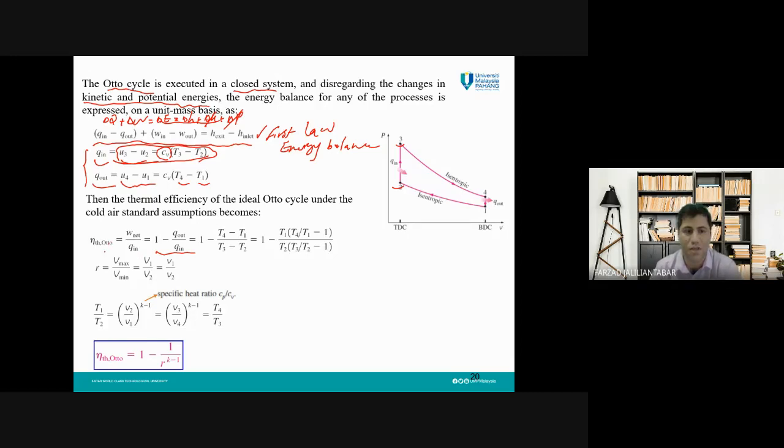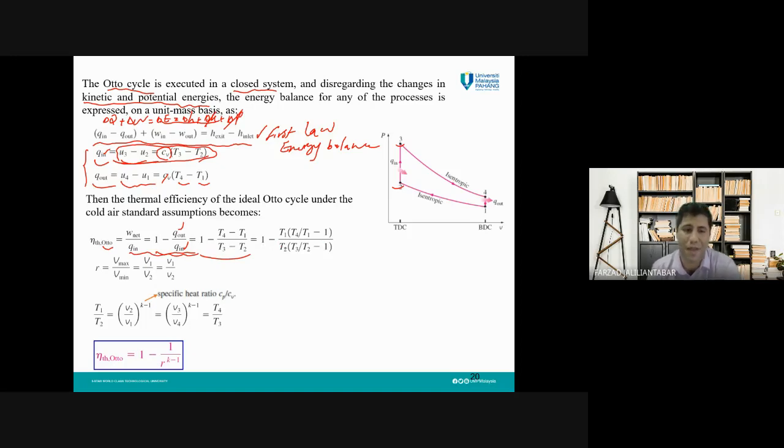For the Otto cycle, the thermal efficiency is W net divided by Q in, equal to 1 minus Q out over Q in. This is the general equation. But here we have calculated Q out and Q in, so by substituting Q out from this equation and Q in from this equation, we will have 1 minus T4 minus T1 divided by T3 minus T2, because Cv is crossed out from the numerator and denominator.